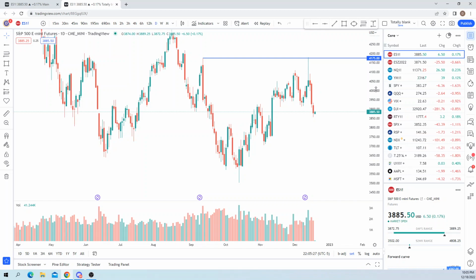If you guys remember, in the summer, I took a very similar short setup, and I got stopped out right before the drop happened, right? Because similar to this, I put my stop loss above a technical area, and right before the drop happened, price spiked up, stopped out a lot of people, including myself, and then it ended up working.